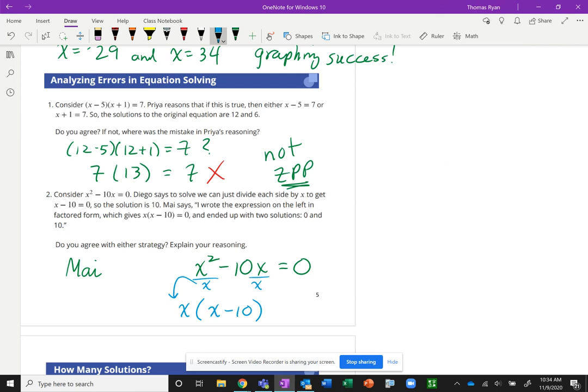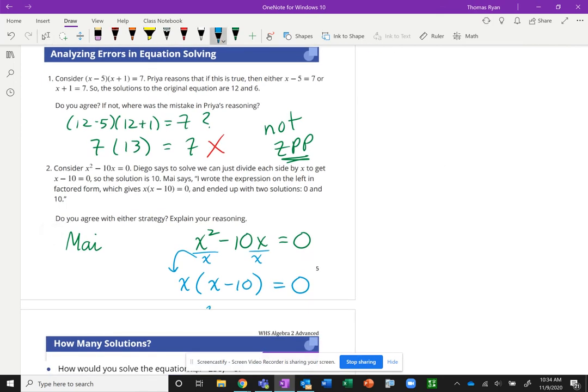So we just want to rearrange it so that it's in factored form, and then we know that we can use ZPP, and we'll have two solutions, 0 and 10. So remember, when you are factoring, that 1x is still included in the original. It doesn't go away. It just changes its position, and it changes the way that the equation looks.